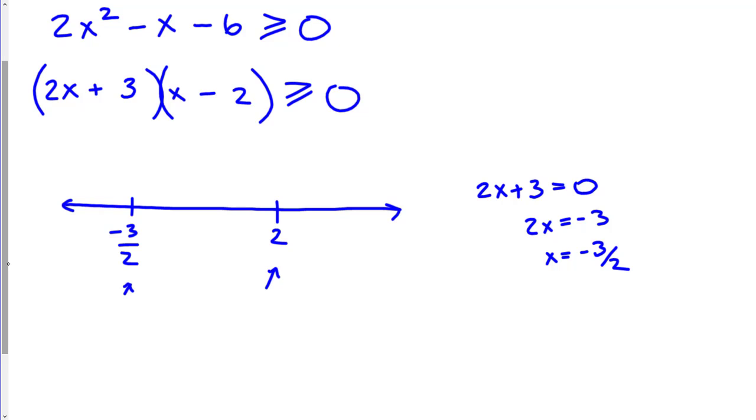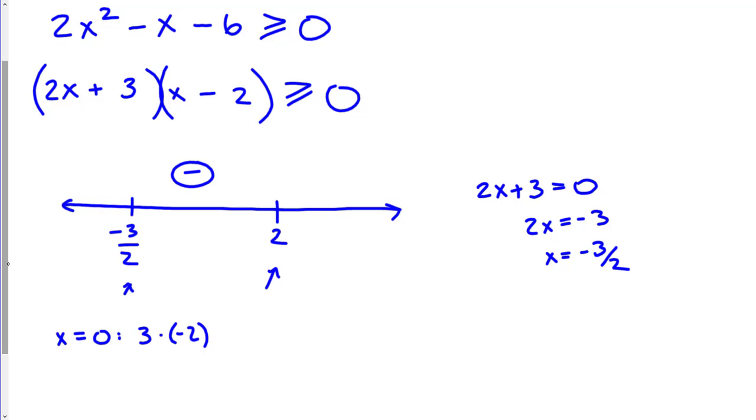So if I put 0 in, then it would be 2 times 0 plus 3, which is 3, and 0 minus 2, which is negative 2. 3 times negative 2 results in a negative number.